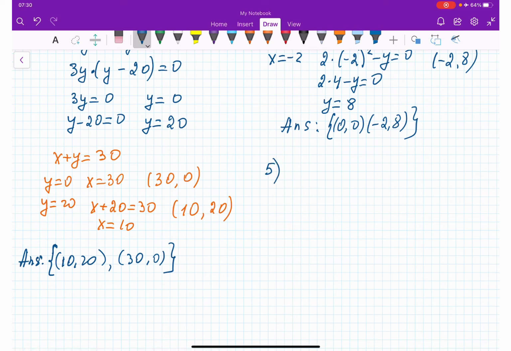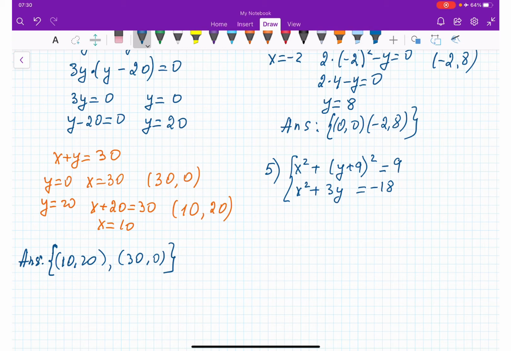I have x squared plus (y plus 9) squared equals 9. And the second one, x squared plus 3y equals negative 19. Okay, look here, I have x squared, I have x squared.